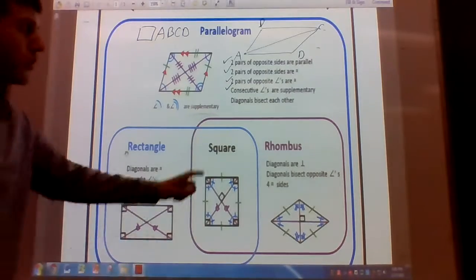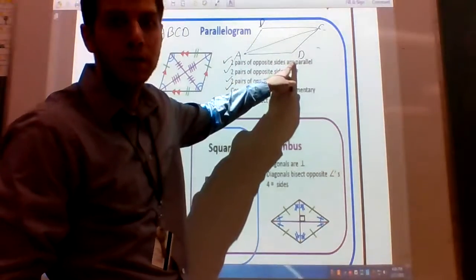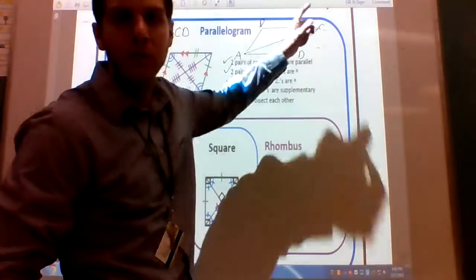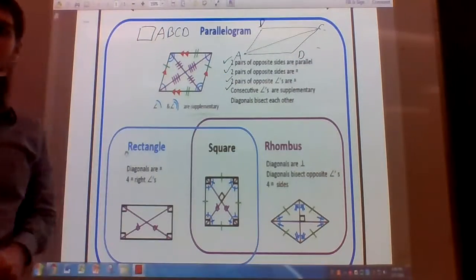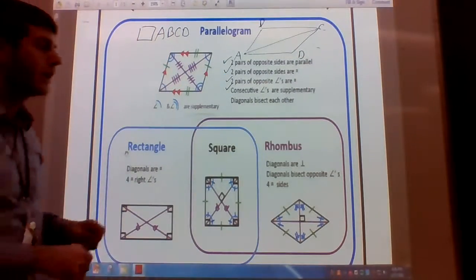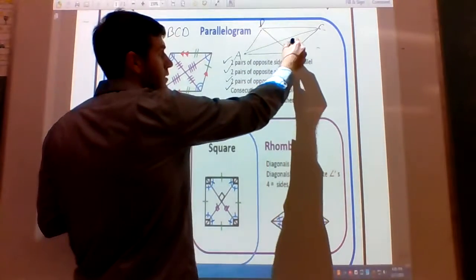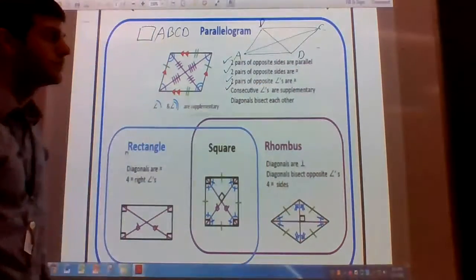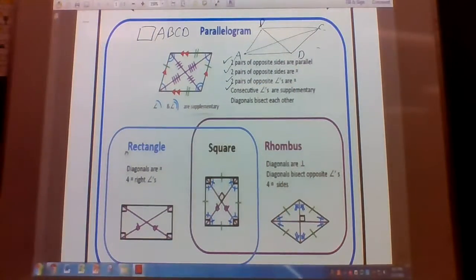Consecutive is right next to, so A and D are consecutive vertices, and A and C would be opposite vertices. And then BD, the opposite vertices. So those are our two diagonals. That's what a diagonal is. It goes diagonally relative to the parallelogram.